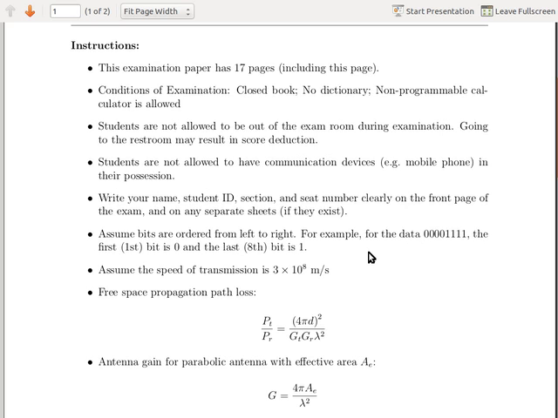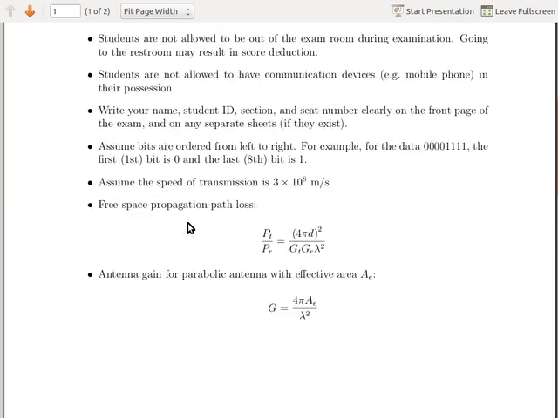I would give you what fraction it is. I would say, okay, the effective area is half of the physical area, or 1/3 of the physical area. I would give you that information. But just remember, the effective area is not necessarily the physical area. Lambda you can calculate, speed of light divided by the frequency. And that's all.